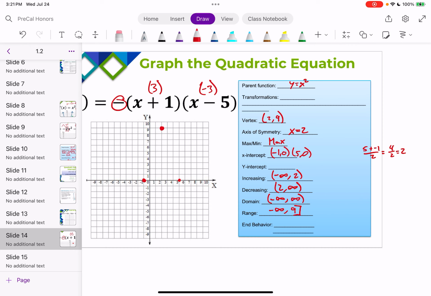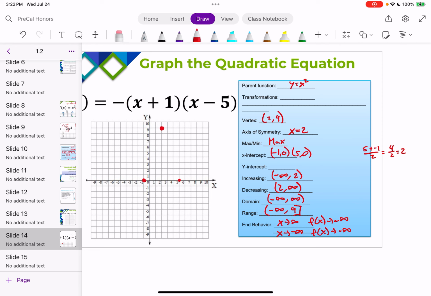Keep in mind, this is a bracket. And behavior, as x approaches infinity, f of x approaches -infinity. As x approaches -infinity, f of x approaches -infinity.